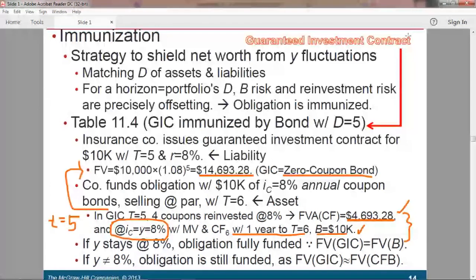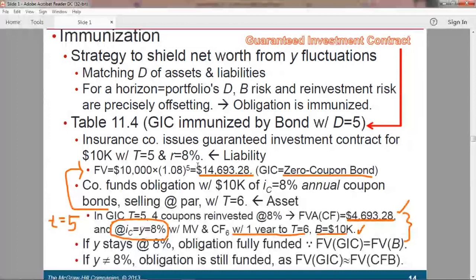So then your payment obligation, or your liability, is immunized. Make sense? Your liability is immunized. Okay, does that make sense?